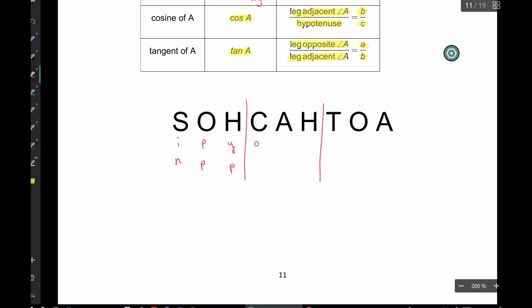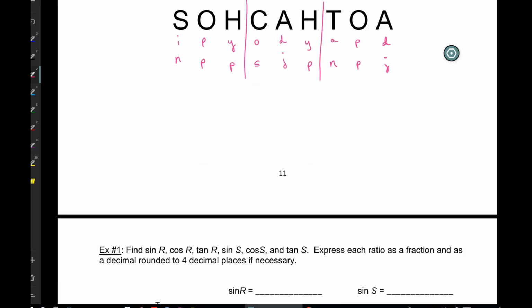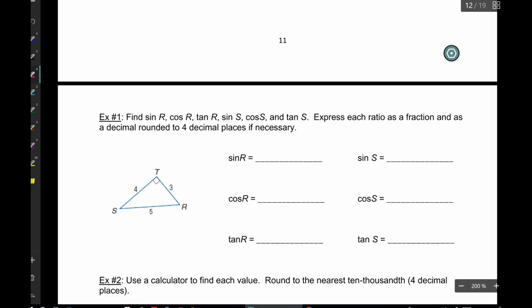Next, we have CAH, that represents the cosine is adjacent over hypotenuse. And finally, TOA, tangent, the last one, is the opposite over the adjacent leg. So remembering this word SOHCAHTOA again helps us to remember the order and the definitions of the trig ratios.